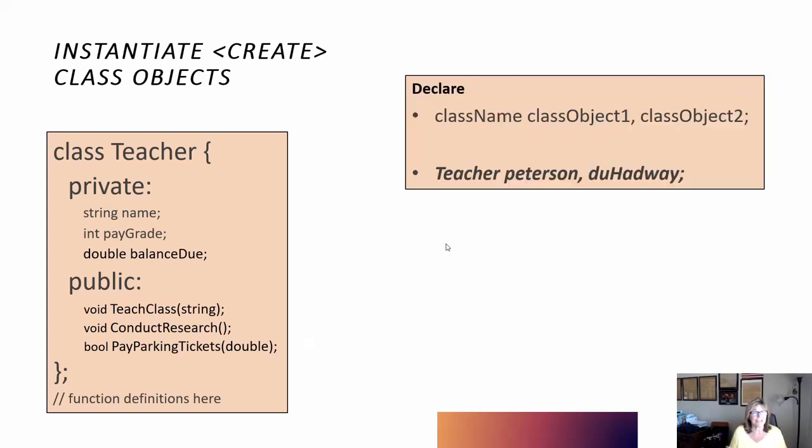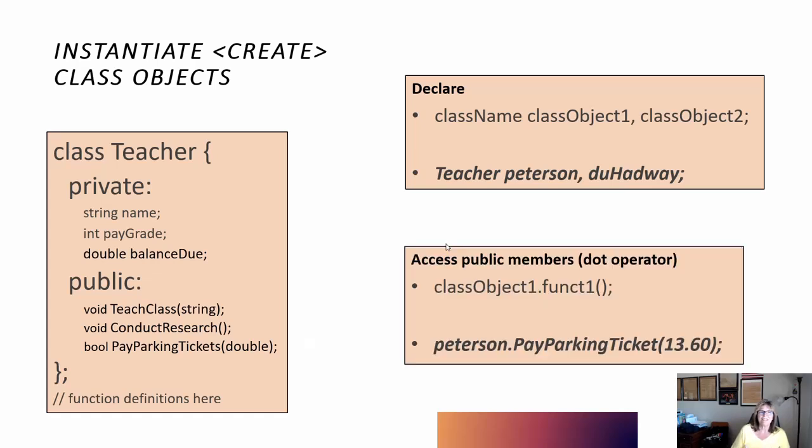We're just going to use the class name, kind of like the data type, and then the names of the variables. For instance, we're going to create a couple of teacher objects, Peterson and Duhadway, just like I was declaring any other variable. How do we access them?